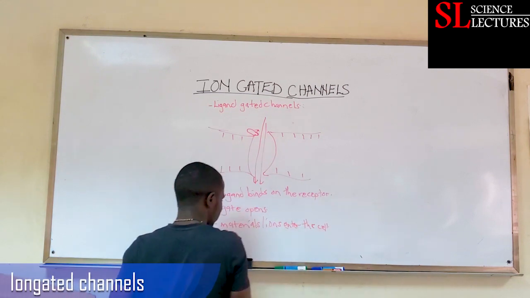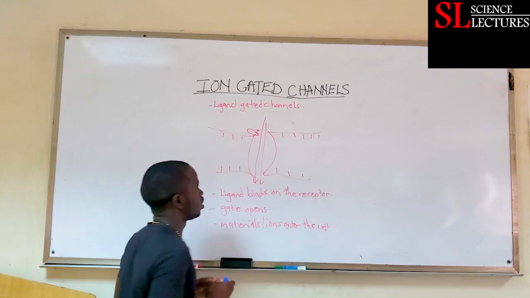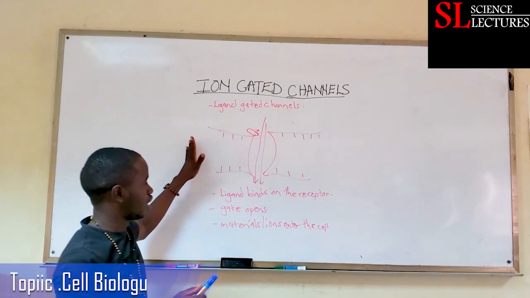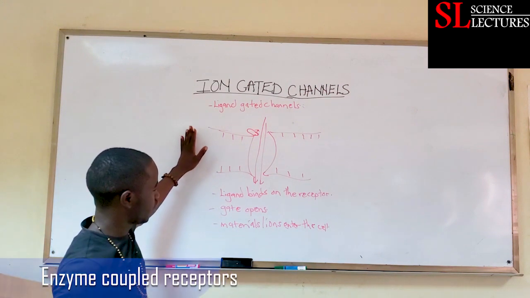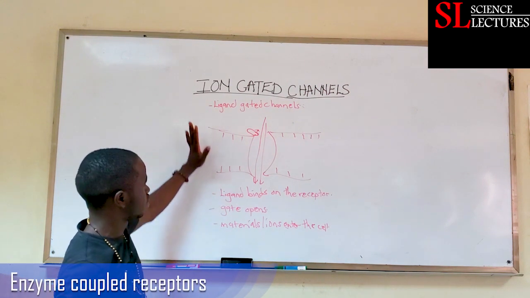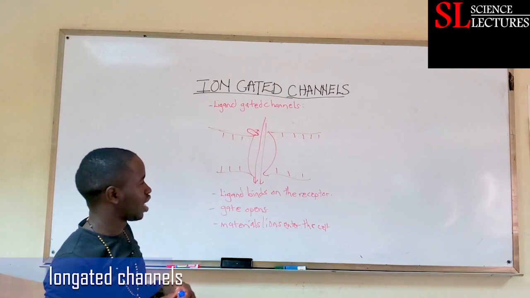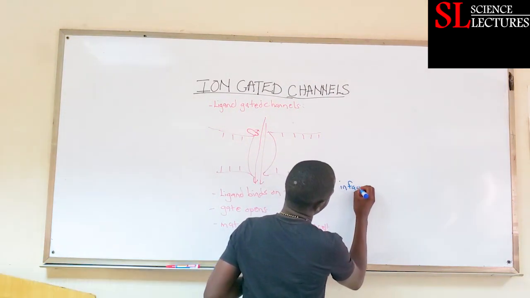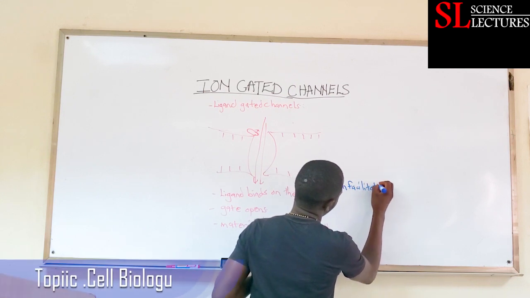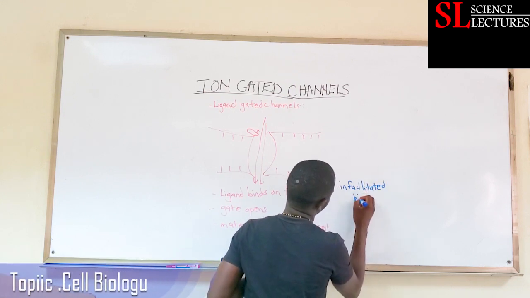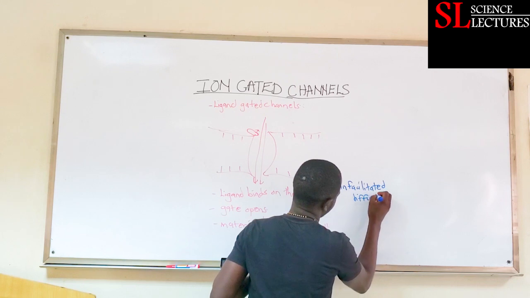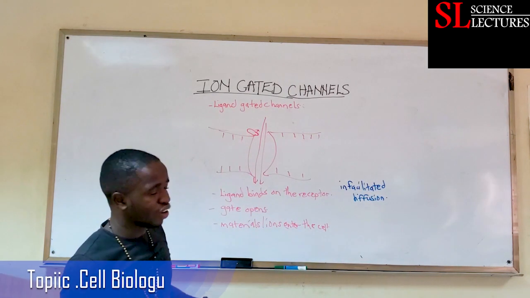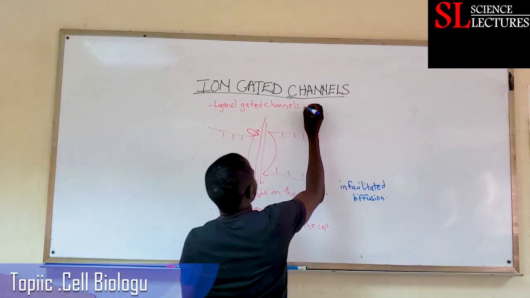So that is very basic for ion-gated channels, but if you really want to go into details, there is a video about facilitated diffusion where we discuss in detail the role of ligand-gated channels in facilitated diffusion.